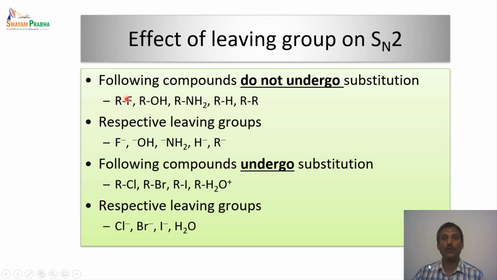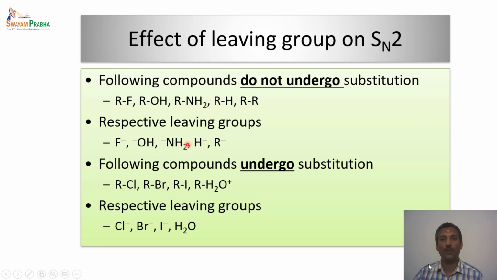And these things you have to remember very carefully, because there are certain groups which do not undergo substitution very easily. One is fluoride, hydroxide, that is alcohols, ammonia or primary amines, alkanes, RH and RR. These do not undergo substitution very easily because we have a very poor leaving group, that is F minus, OH minus or NH2 minus.